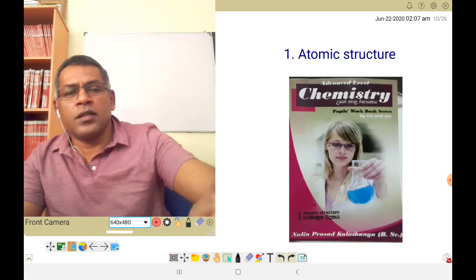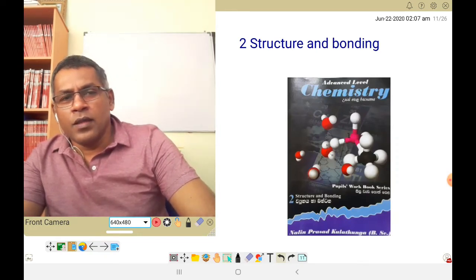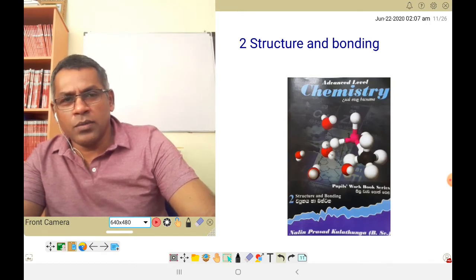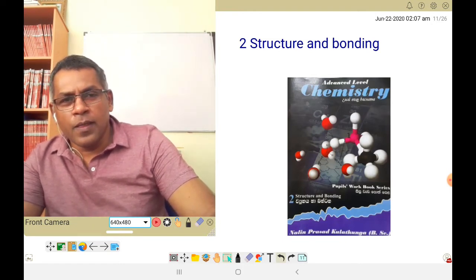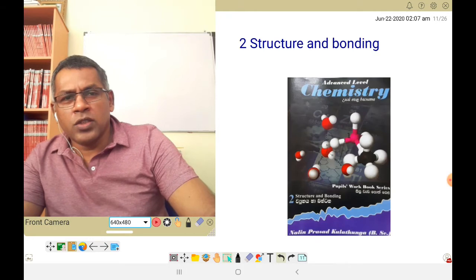And in the second unit we are going to learn about structure and bonding. Atoms unite through chemical bonds. Atoms get together through chemical bonds. Chemical bonds are of different types. Covalent bonds and ionic bonds are the two basic types. Atoms of a given element unite together to form smaller molecules.